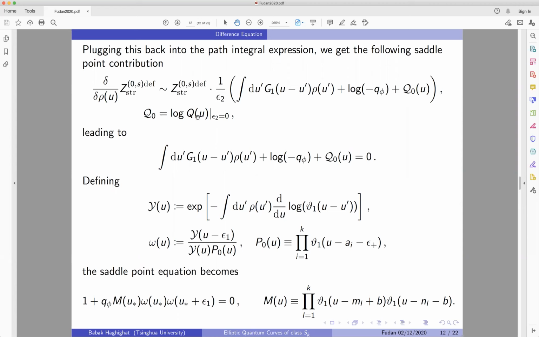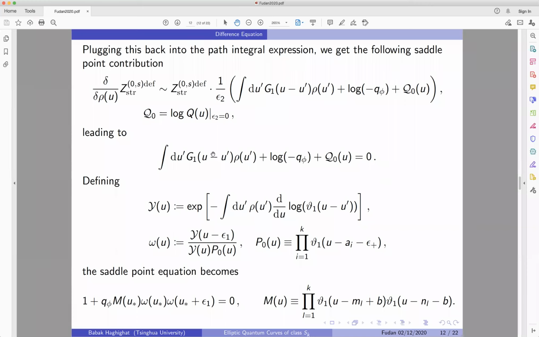And this guy here is this matter part evaluated at epsilon 2 equal to 0. If you then want to compute the saddle point, you have to equate this to 0. If you equate this to 0, you will get this as the saddle point equation. So the dominant contribution to these eigenvalue densities has to satisfy this integral equation here.